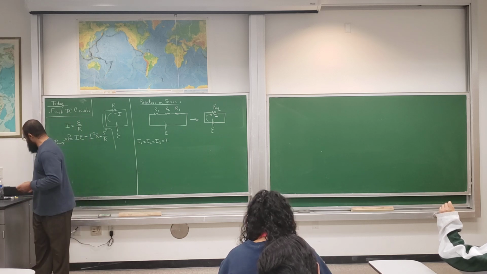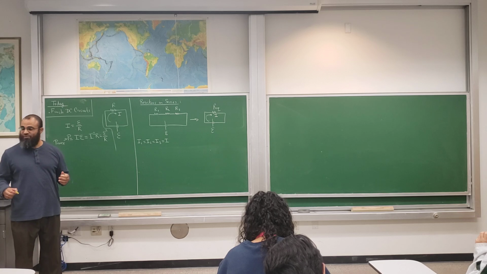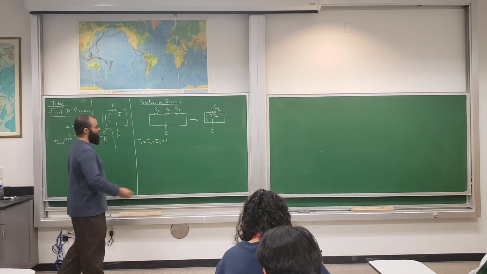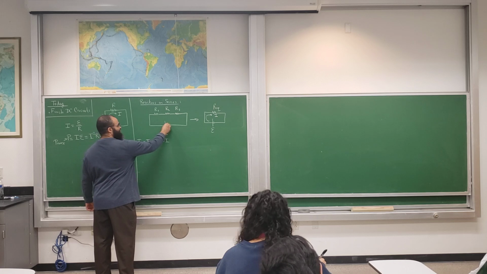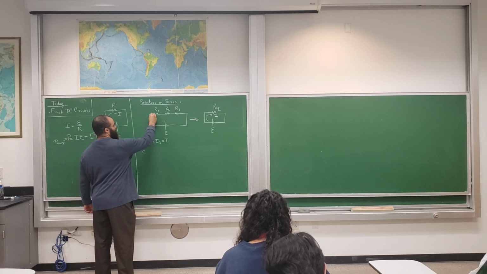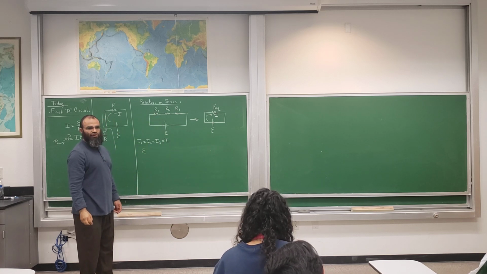So we'll apply the loop rule. The loop rule says the change in potential over a closed loop is equal to 0. We will start here. What's the change in potential when we go from here to here? Positive E. And then we're going to cross this resistor in the direction of current. Current flows from high to low or low to high?